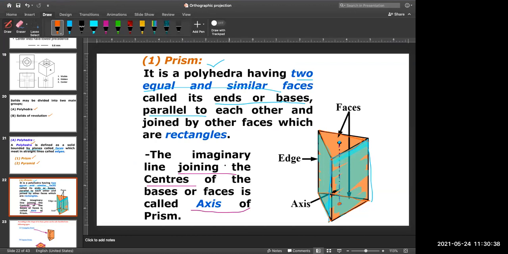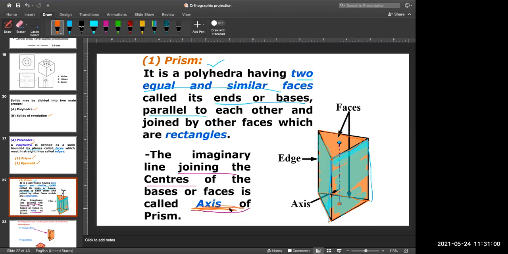Okay, so here we have seen that two equal and similar faces are joined with these rectangles. At the top and at the bottom, if the center points are connected, the line joining these two center points is called the axis of prism.